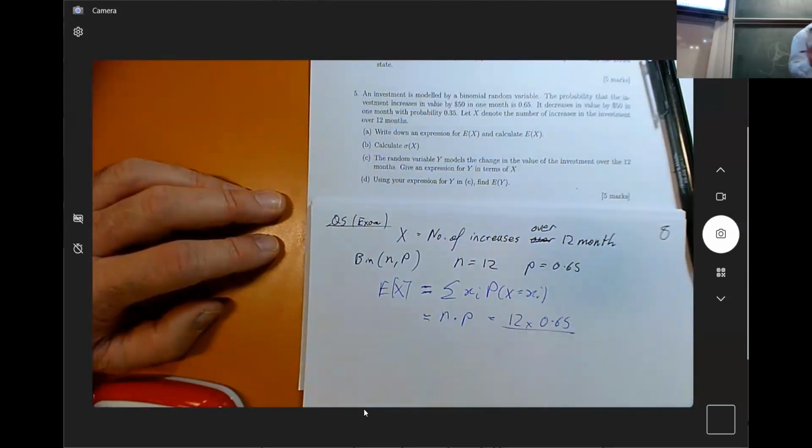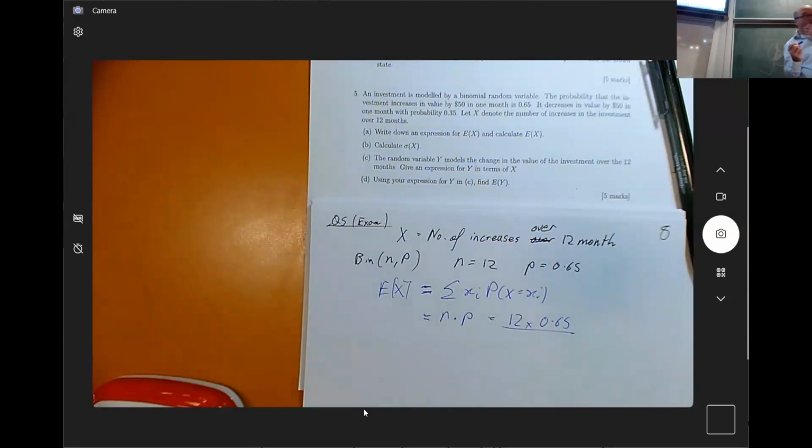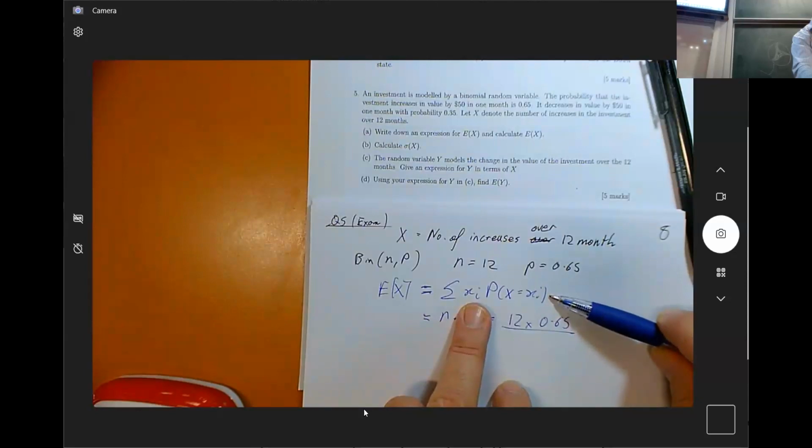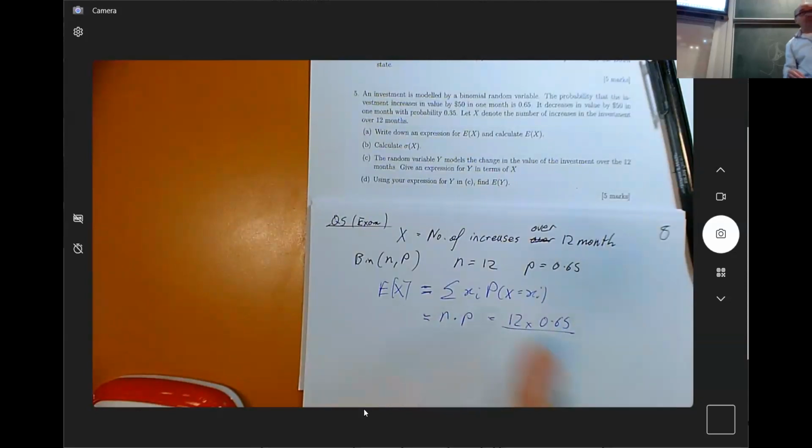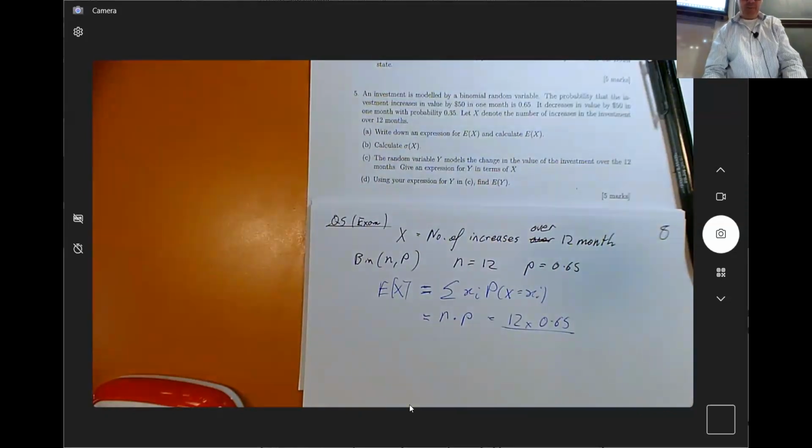The point I'm trying to make is that my formula is quite horrible, but there's actually a special case. If I know my notes well enough, I've got a shortcut for how to solve this problem. I have no idea what 12 times 0.65 is off the top of my head, so I'm going to go equals 12 times 0.65. 7.8.